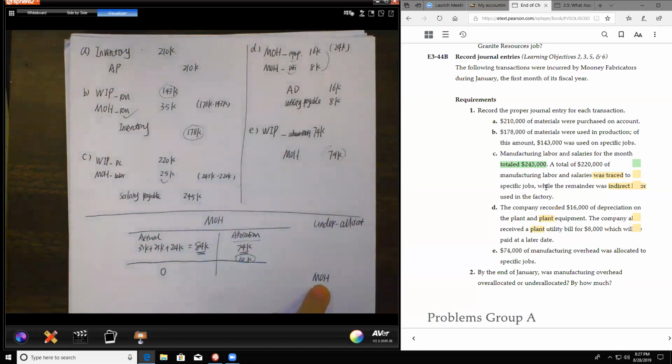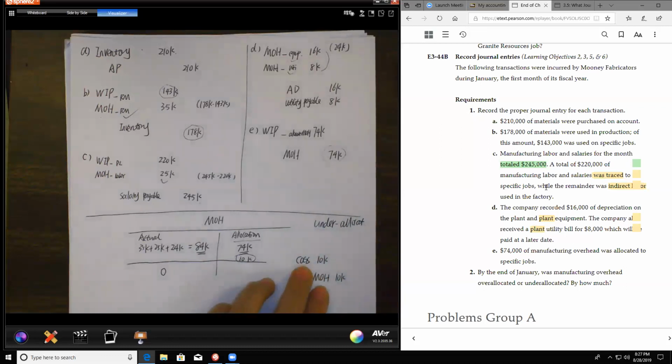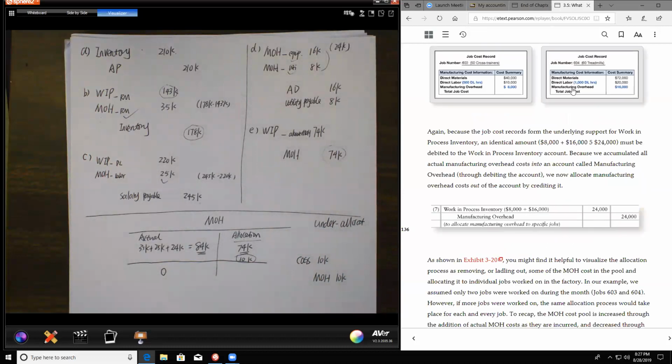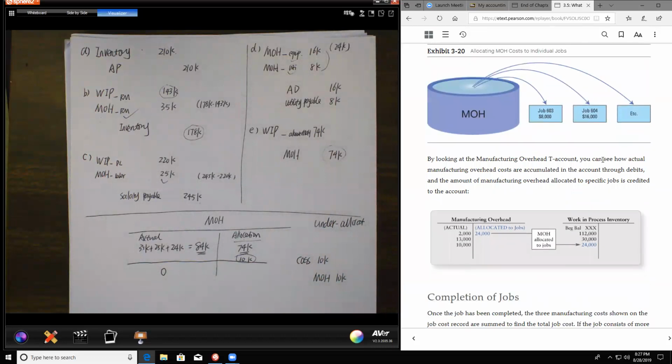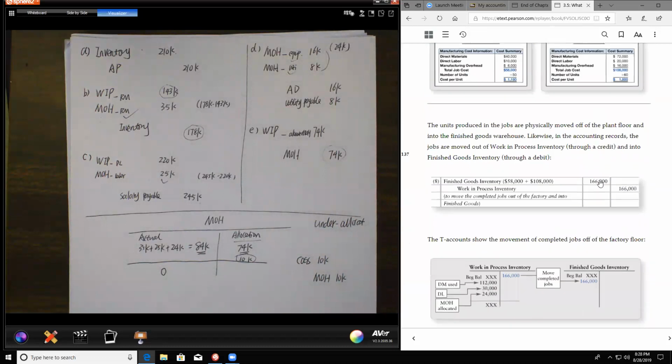So we credit manufacturing overhead 10,000. We debit the cost of goods sold 10,000 to make the adjusting journal entry. I know you may not like the adjusting journal entry, but this is how you adjust the under allocation or over allocation.